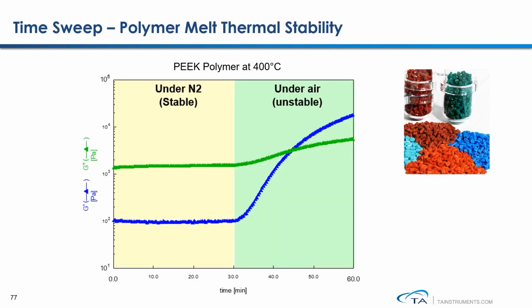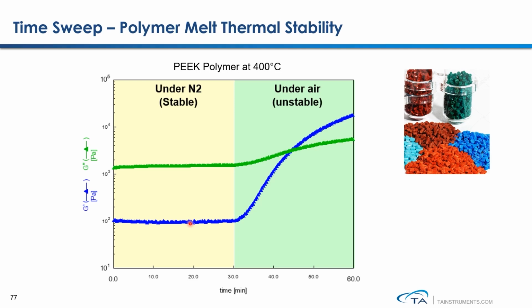Here is another example showing how to use time sweep to monitor polymer melt thermal stability. This is a result of testing a high-temperature polymer PEEK at its processing temperature, which is 400 degrees C. This result shows that if you process the polymer under nitrogen atmosphere, the polymer remains relatively stable, so both moduli stay constant over the processing time.